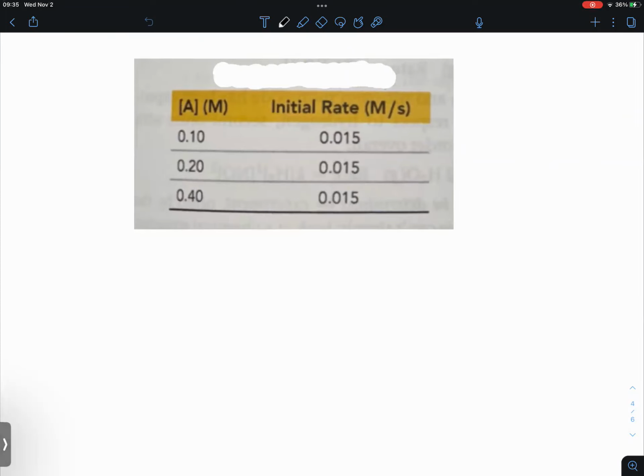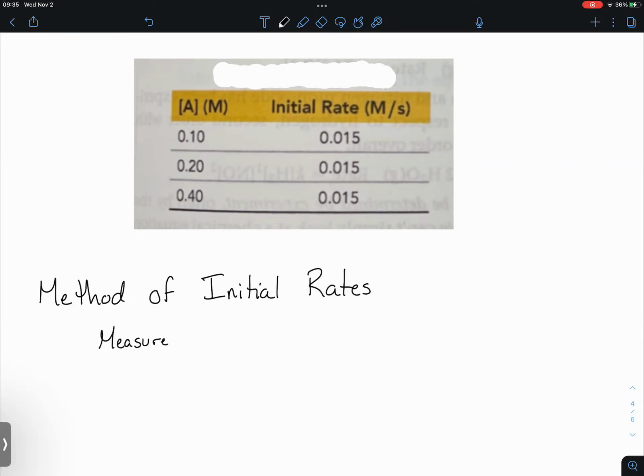So the method of initial rates: we're going to measure the initial rate of the reaction.